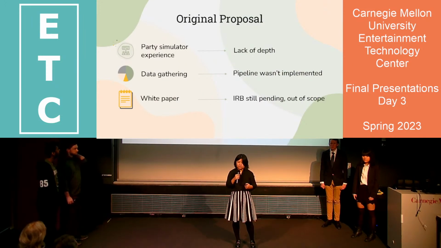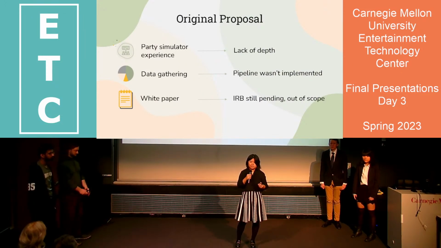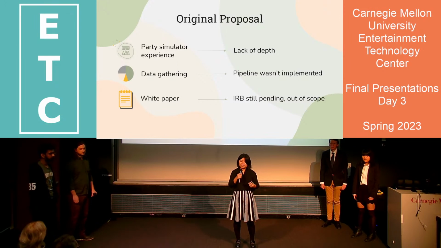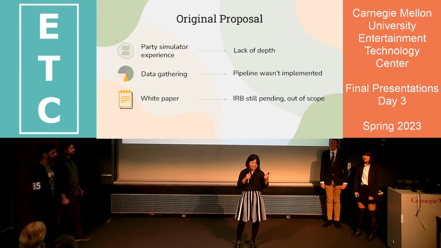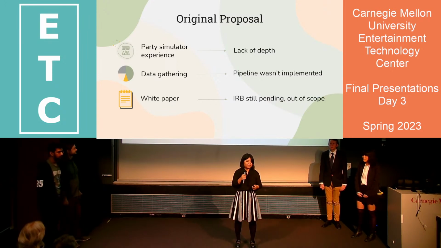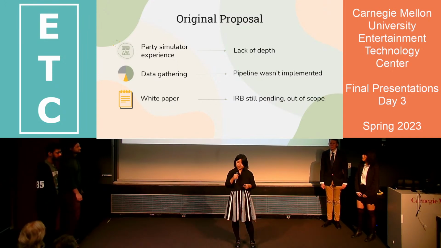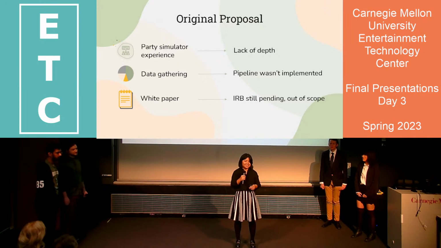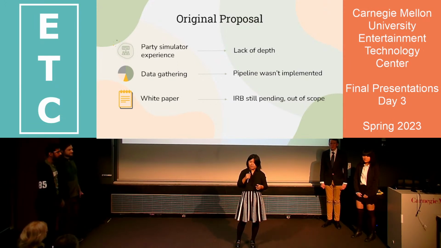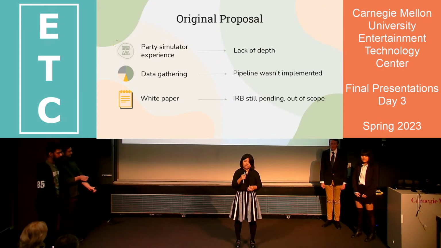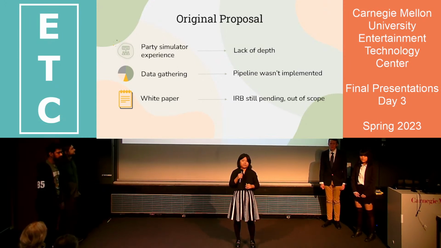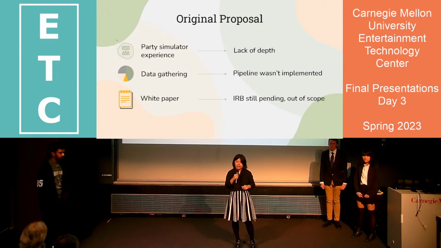So we have come a long way to get to our design pillars. Originally, we proposed three things. You may remember the experience itself, the data gathering, and the white paper. However, halfway through, we realized that our experience at the time didn't have enough depth. Our data gathering pipeline was not implemented, and we still had our IRB pending.